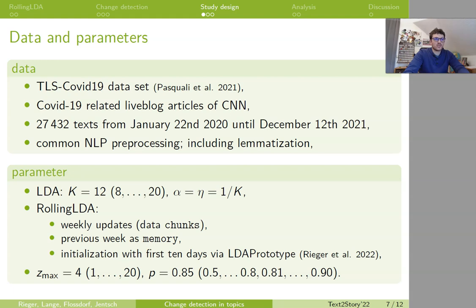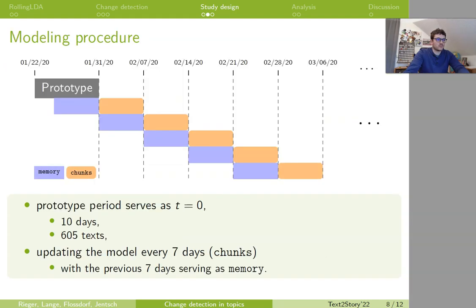And to guarantee reliable results based on a sufficiently stable initialization, we use an LDA prototype for the first 10 days of the corpus. For the change detection algorithm, we look at Zmax equals 4 and P equals 0.85. But you can have a look at analyses for other parameter values in the repository as well.